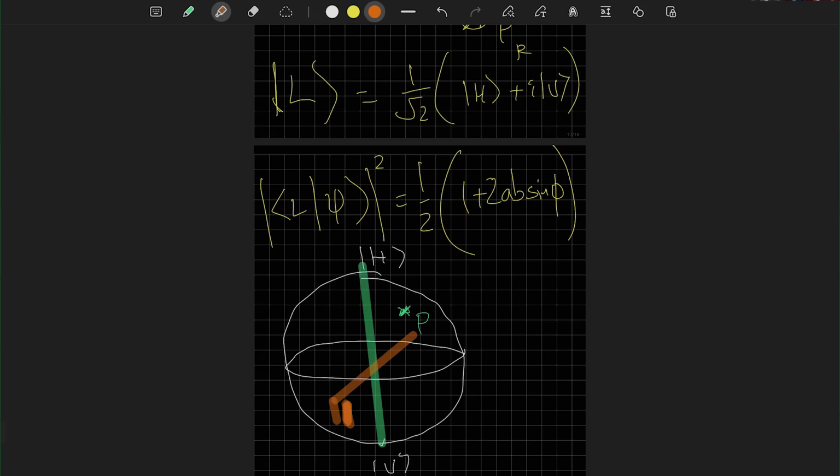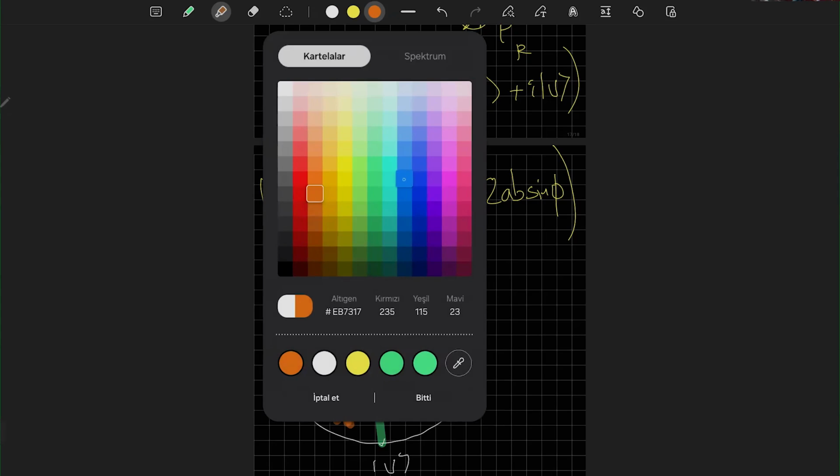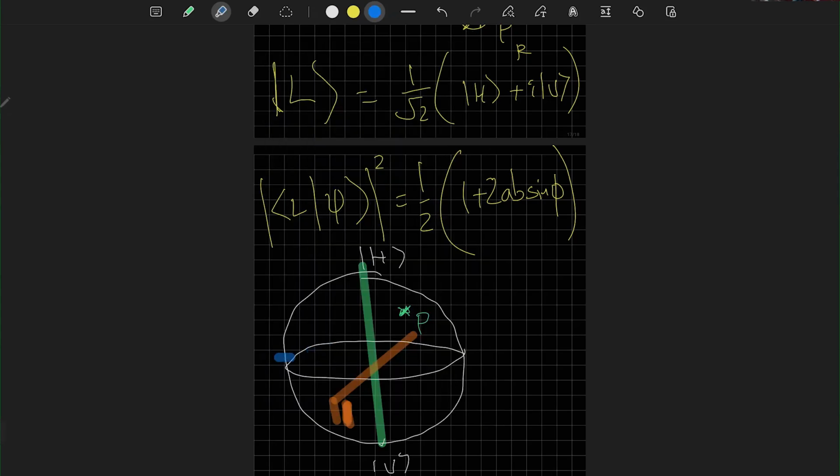So you project onto the third axis, with left, right. So when you do all of these projections, you completely determine where this point is on the hemisphere. You do the sequence of experiments with different kinds of polarization analysis, but they don't exist in the lab.